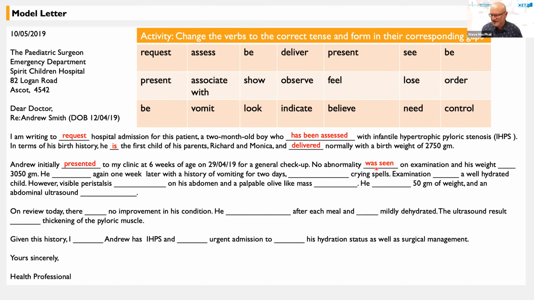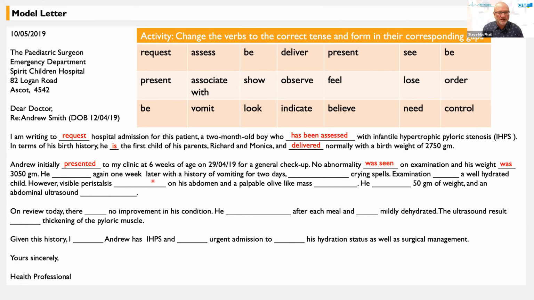Someone wrote "has seen," but it's "was seen." Somebody saw it, and it's past tense. Normally for examinations, we're going to use past tense more often because it's something that happened at a particular time. So no abnormality was seen on examination, and his weight was 3050 grams.